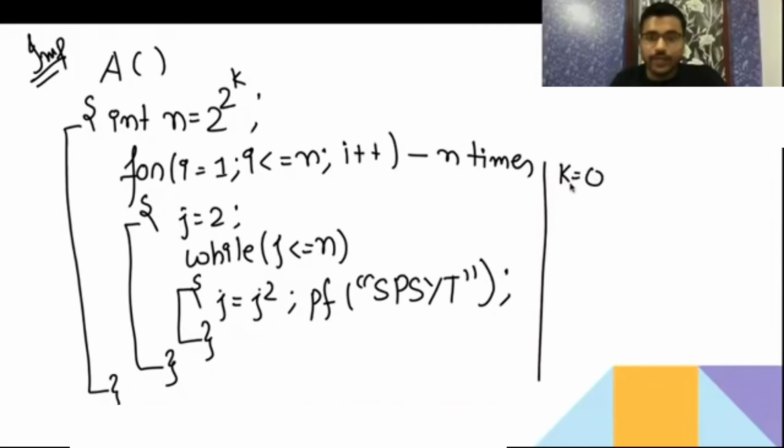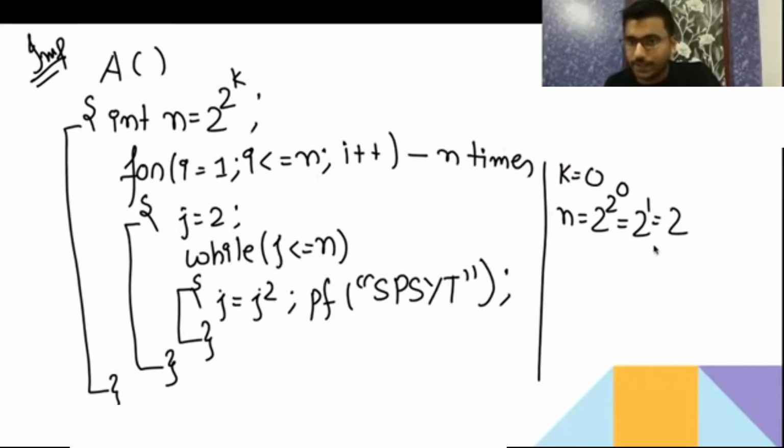When k is equal to 0, then n is going to be 2 to the power 2 to the 0, that is 2 to the power 1, so n is going to be 2. Now see how many times this is going to execute with the value of n. So it is 2, so it is going to execute 2 times. Then j is 2, j is smaller than or equal to 2, yes.